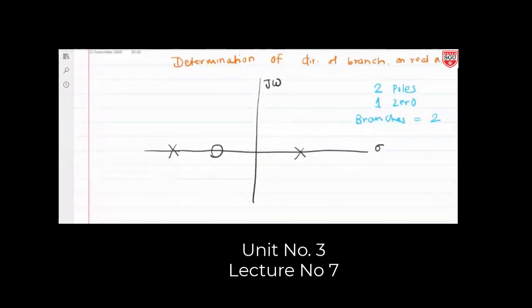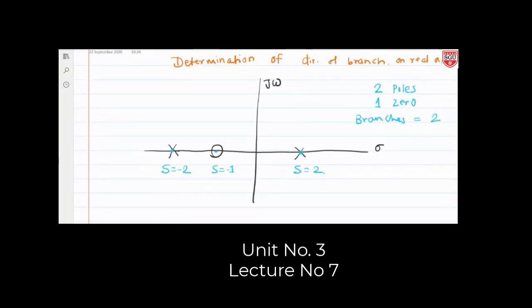Poles. 2 poles. Suppose S is equal to -2, S is equal to 2, and S is equal to -1. These are the values of the points. Then what we have to know is the direction.